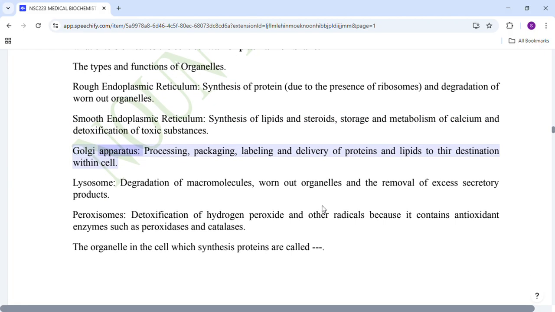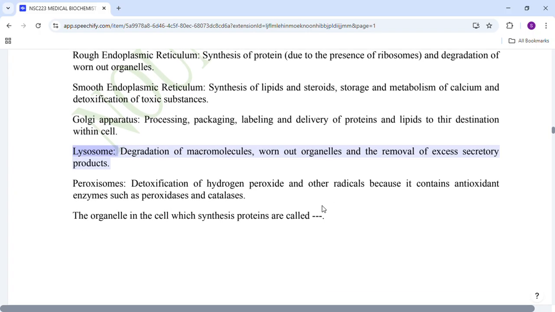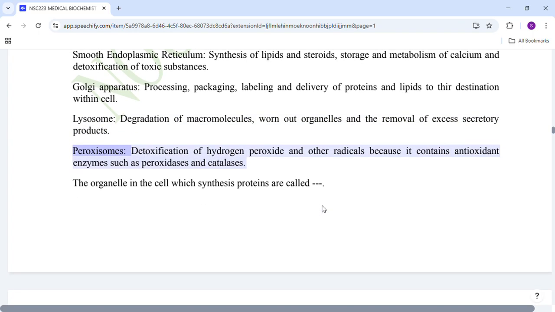Golgi apparatus: processing, packaging, labeling, and delivery of proteins and lipids to their destination within the cell. Lysosome: degradation of macromolecules, worn-out organelles and the removal of excess secretory products. Peroxisomes: detoxification of hydrogen peroxide and other radicals because they contain antioxidant enzymes such as peroxidases and catalases.